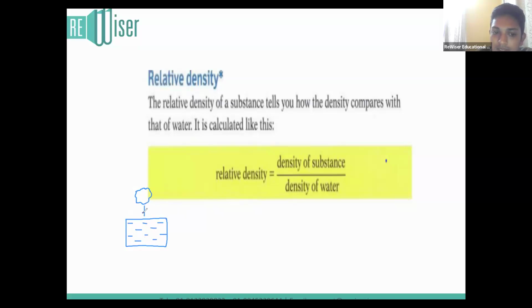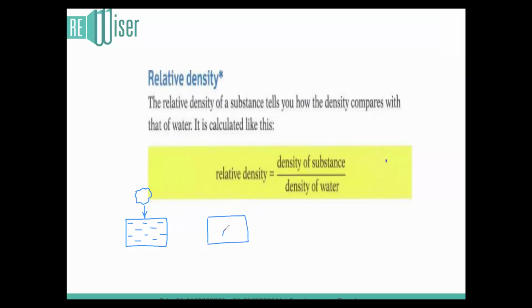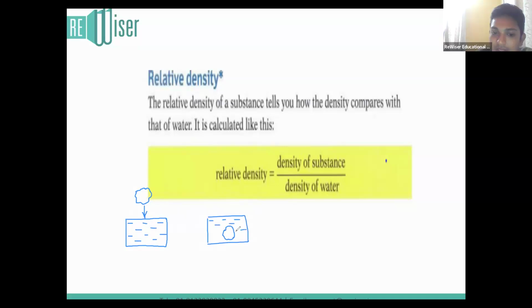When you submerge this solid completely within this liquid, since the container was originally filled up to the brim, there is a certain amount of liquid that will be displaced.